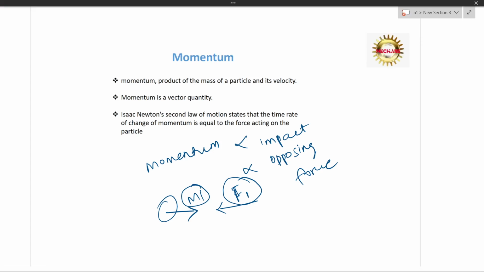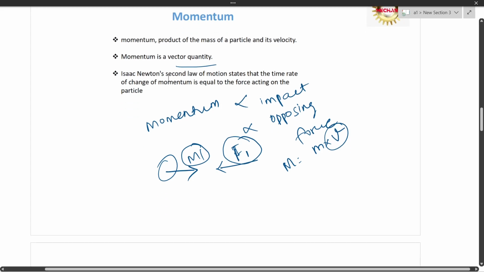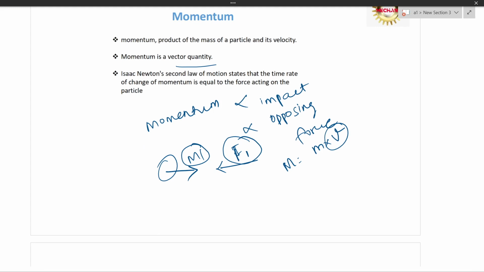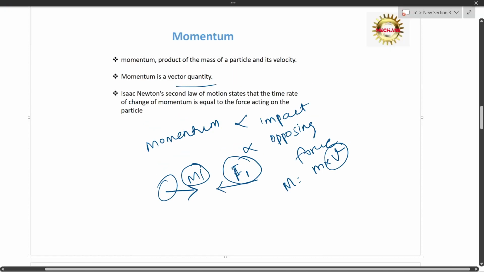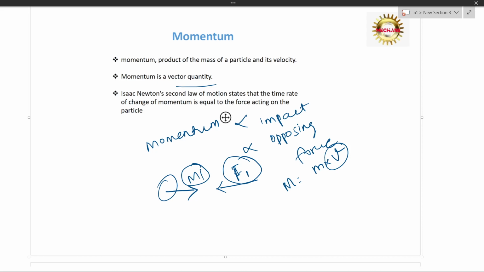As I mentioned, momentum is the product of mass and velocity. Since velocity is a vector quantity, momentum is also a vector quantity. Then the rate of change of momentum is equal to force. It is derived from Newton's second law. The rate of change of momentum, that is mass times velocity, is force.